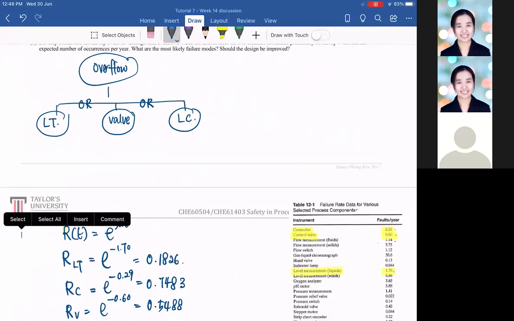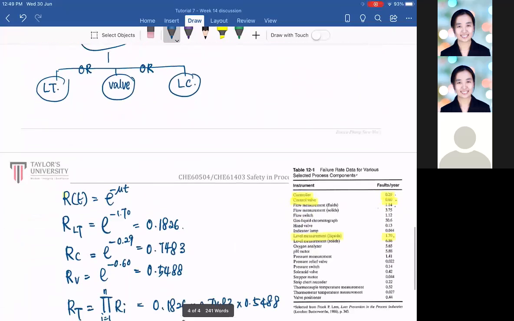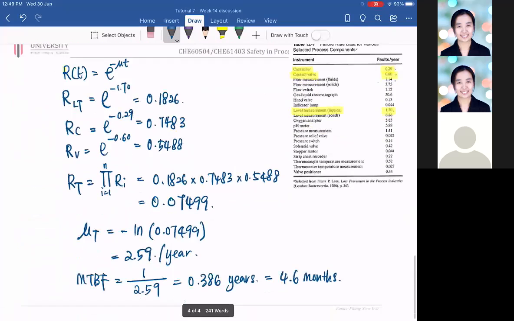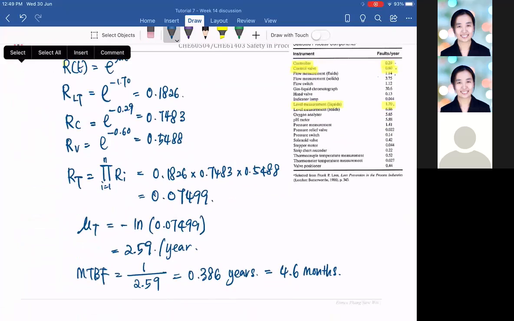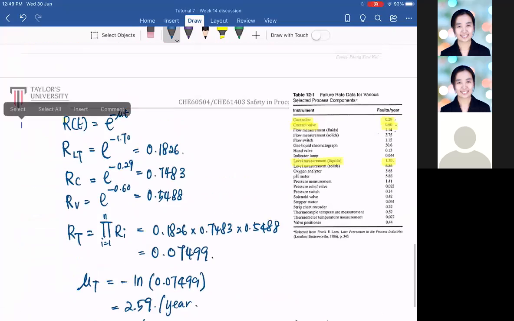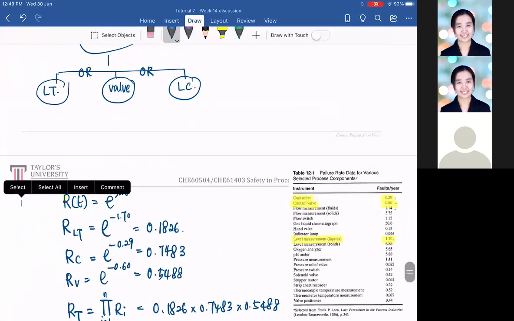Got it, class? So fault tree will help us identify how often we want to do maintenance for these three elements, three instruments here: we have the level controller, we have the valve, we have the level transmitter. How often do we want to look at all of this to prevent the failure?